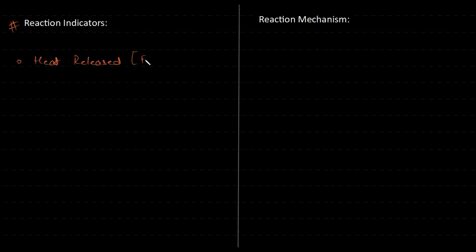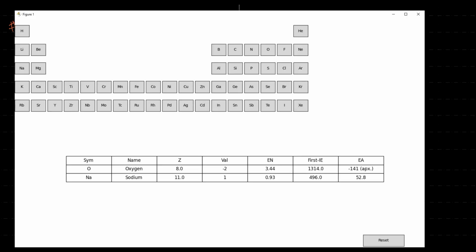So this is basically an exothermic reaction. Again, it should be very simple, or it is that obvious when we look at the table. You need to have a look at the table, understand the table, use the table.